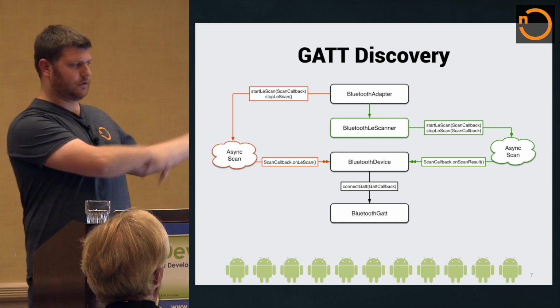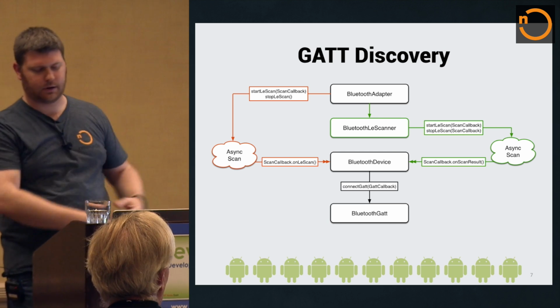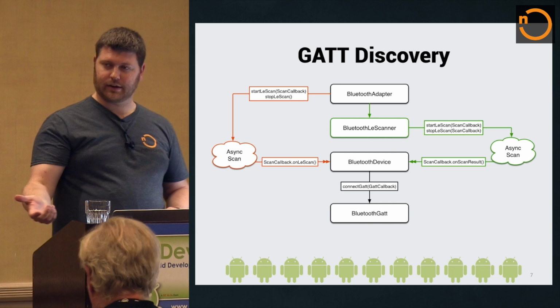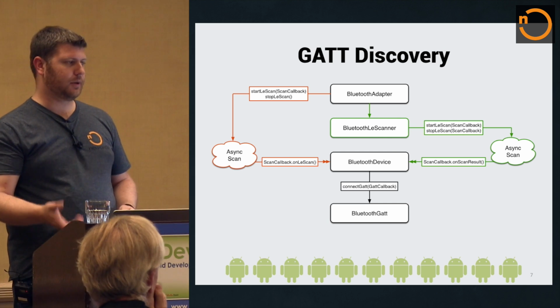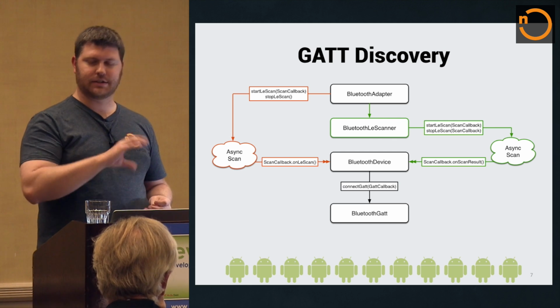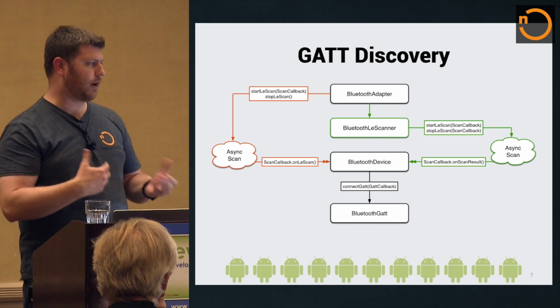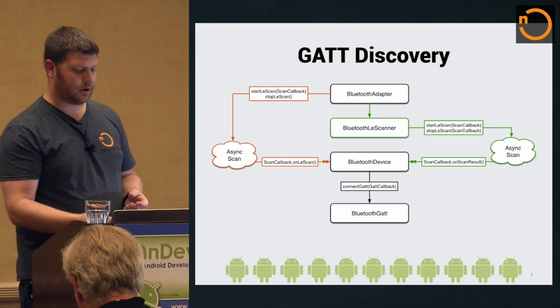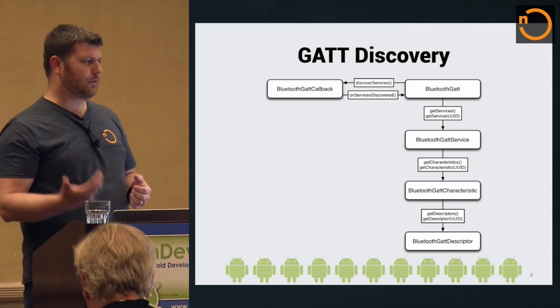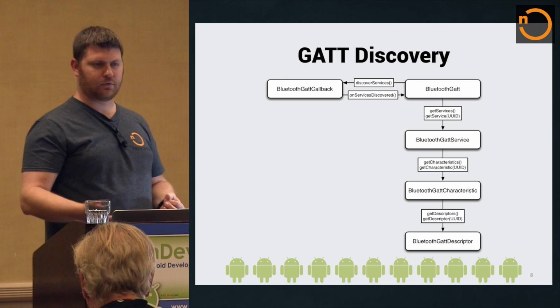That's used for the old Bluetooth Classic stuff, so it's something different than what we're talking about today. The connectGatt method, and of course you pass it a callback, will give you a reference to a Bluetooth GATT instance. And once you have one of those, you're connected to that device and you can start reading and writing services and characteristics. So from the Bluetooth GATT, we can enumerate a number of pieces of information about that remote device.